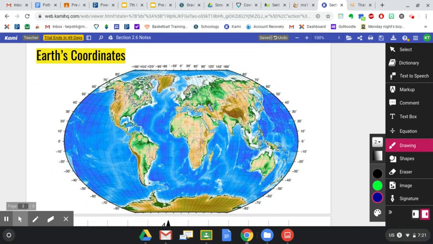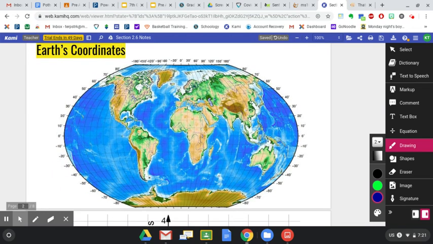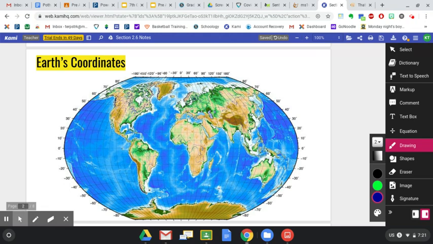So, a real world example of this: the Earth uses coordinates. You can see on here they're marked with negatives going to the left and positives going to the right. But typically when you get a coordinate on a map, it just gives you direction. For example, the origin of the Earth's map would be where the equator, the middle going this way, or x-axis, intercepts the prime meridian, which goes vertically.